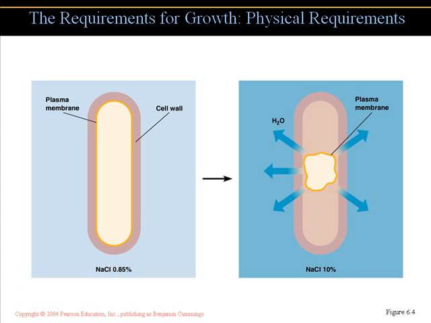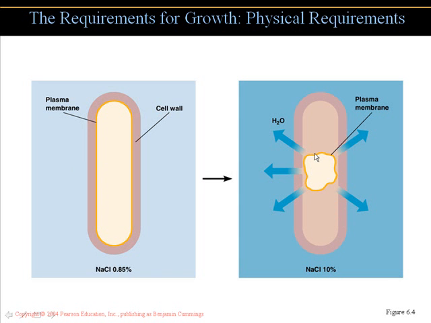Now you can see in this illustration the typical arrangement and physical characteristics that we see in microorganisms, where you have a plasma membrane and a cell wall. Place this in a hypertonic solution, a 10% sodium chloride solution. Water leaves from the inside of the cell and moves to the outside.